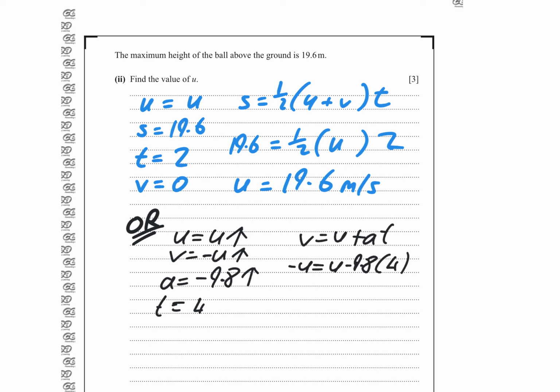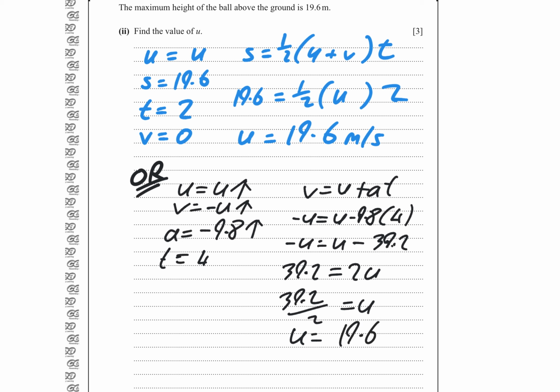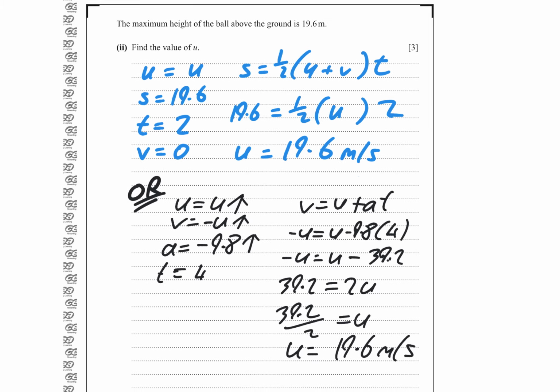If you do that, minus u is equal to u minus 39.2. Bring the u's across to one side, and the 39.2 across so it's positive. You'll have 2u equal to this, and then 39.2 divided by 2 is equal to u. So u works out again to be 19.6.